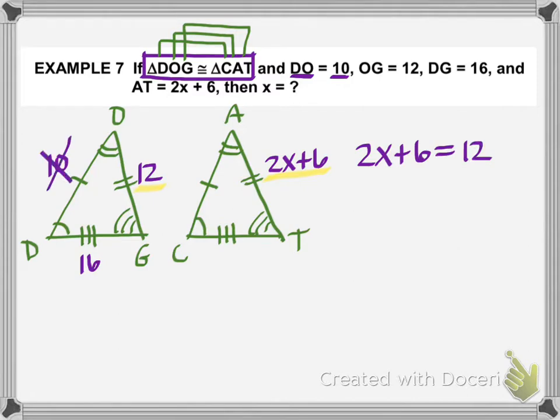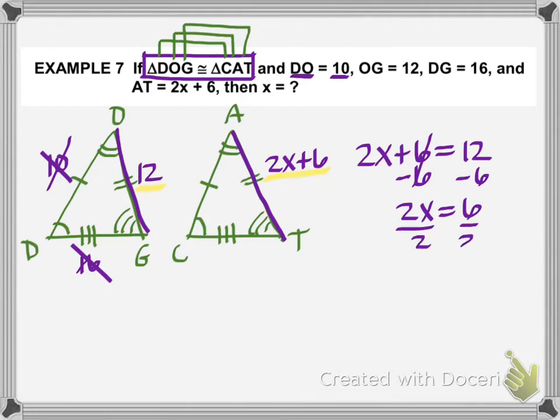I don't need this 10 or the 16 to help me. I just need these two corresponding sides. So let's solve this equation. We'll start by subtracting 6 from both sides. 2x equals 6. Then we'll divide both sides by 2. And x equals 3. So that's how you would do an application type problem.